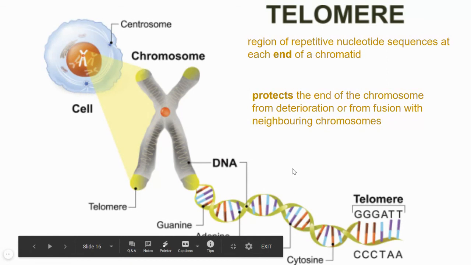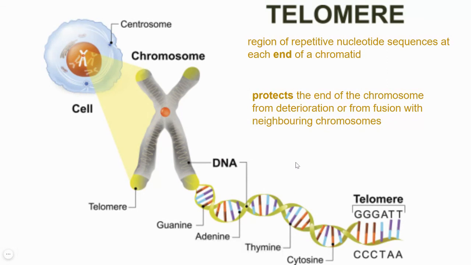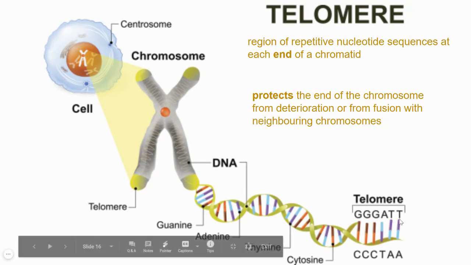And these nucleotides are guanine, adenine, thymine, and cytosine. So in the telomere region, you will find repeat sequences like GGG, ATT. And this GGG, ATT is repeated again and again and again to form a long tail ending.